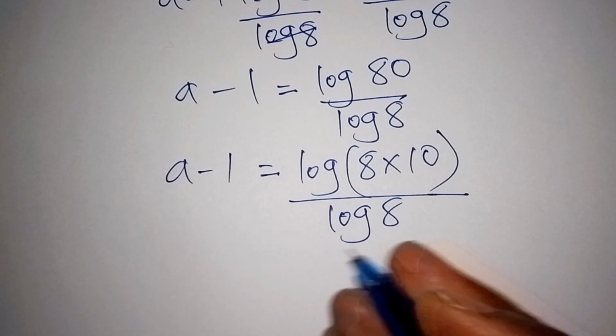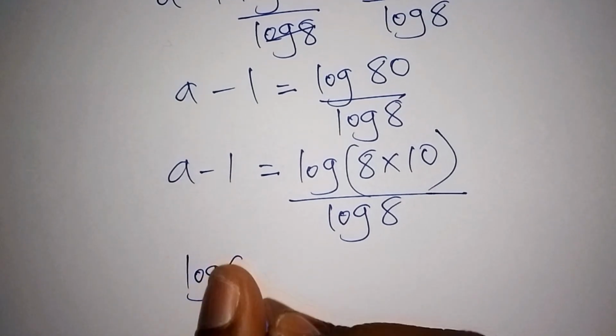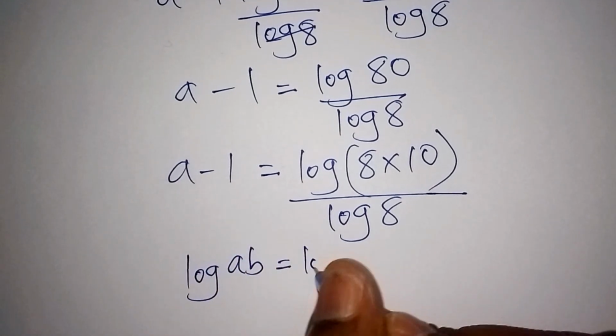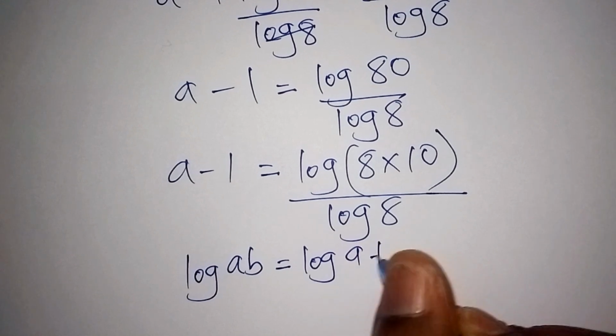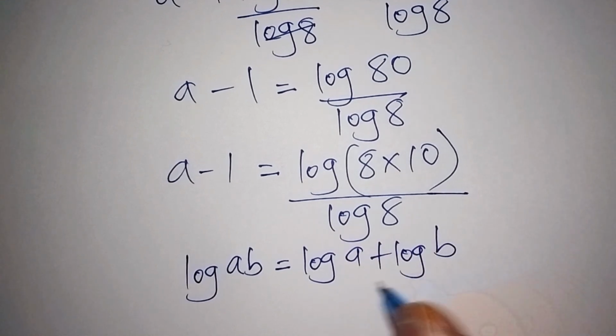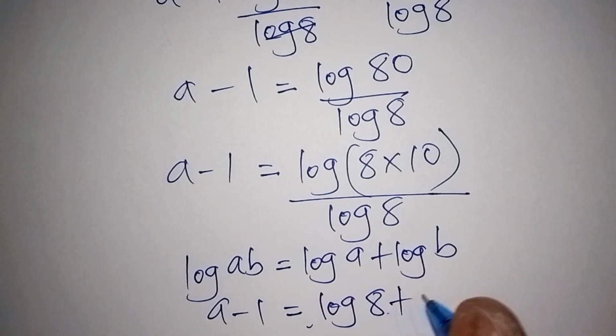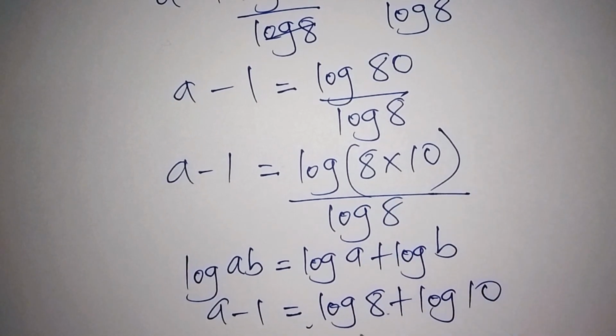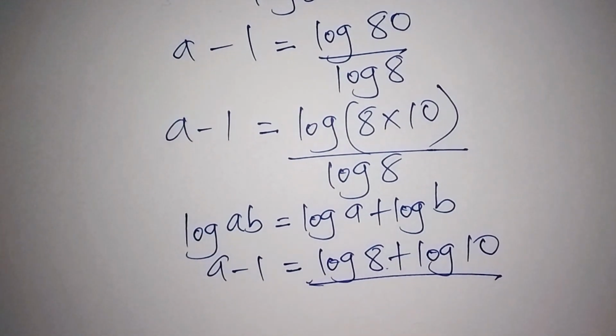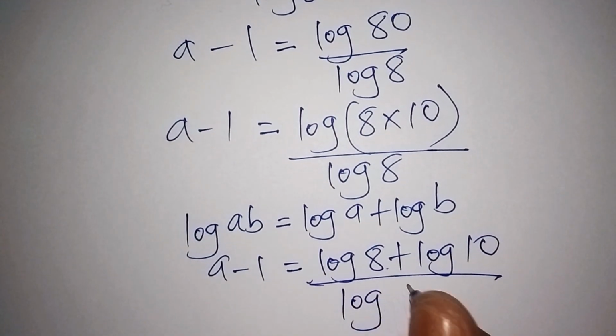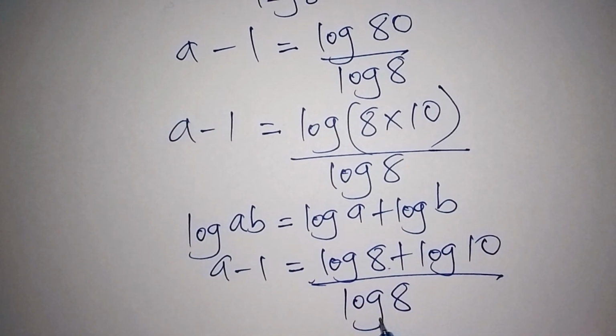Next, suppose we have the log of AB. This can also be written as the log of A plus the log of B. So a minus 1 in this case is equal to the log of 8 plus the log of 10, all over the log of 8. Our next step now is to divide both sides by the log of 8.